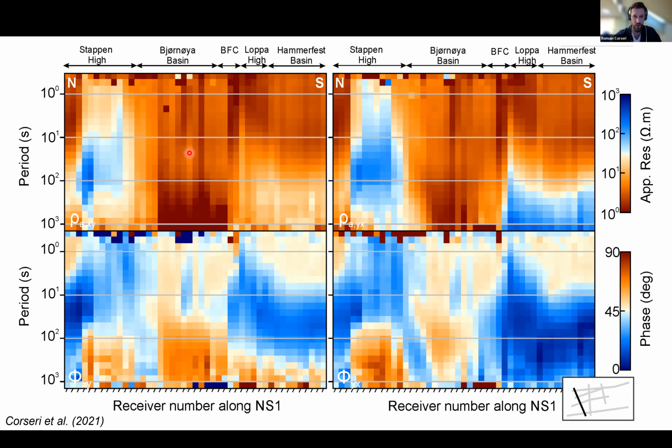As I was saying, in the Bjørnøya basin, a deep sedimentary basin, you see a descending curve, whereas when you go to the part where the crust is very thick, you can see a very different type of response. So indeed, there is a lot of information on the Earth in this MT data.